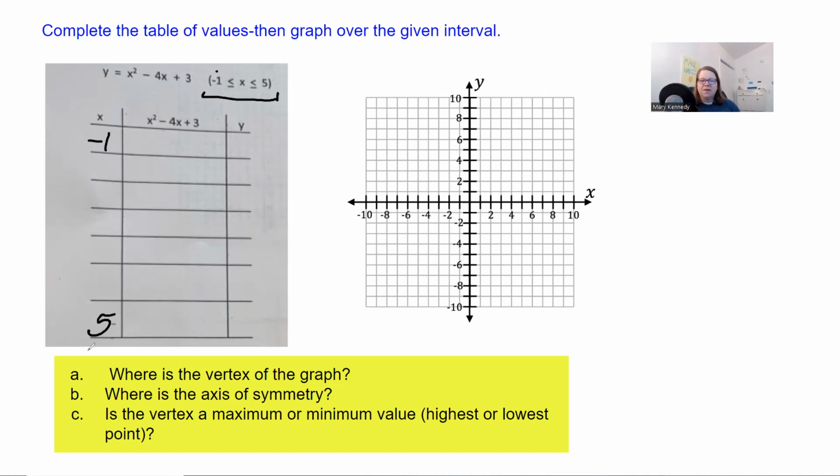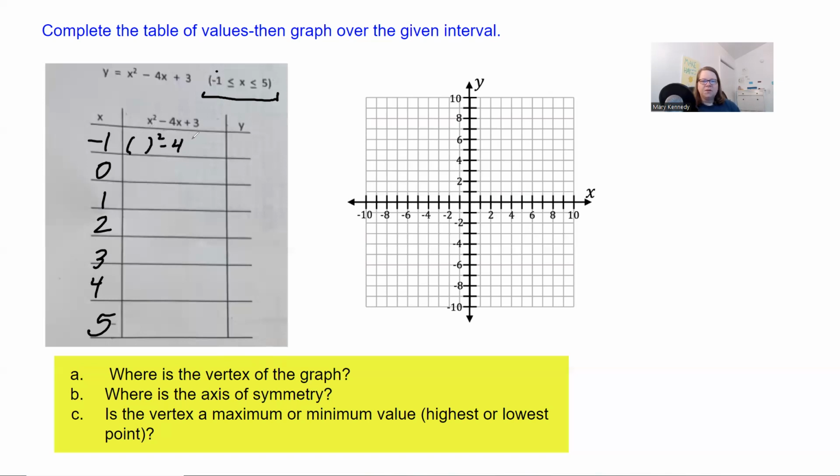So it works out nicely that they gave us a chart that fits all that in. For that, you're going to substitute x wherever you see it with the value you're trying for that particular one.